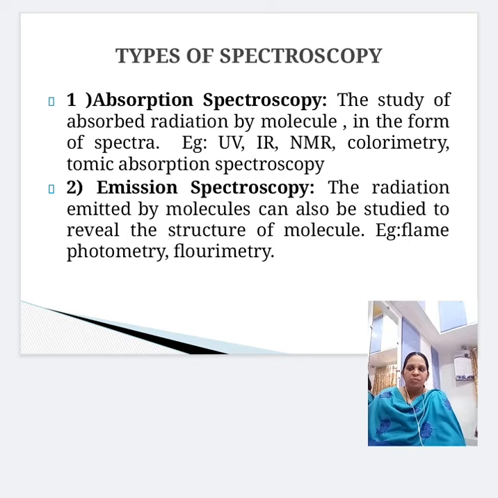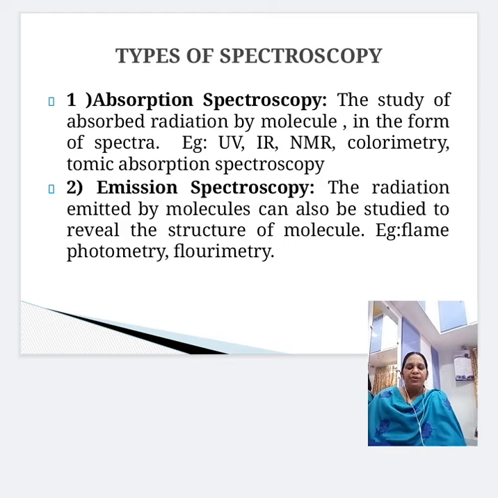Emission spectroscopy. The radiation emitted by the molecules can also be studied to reveal the structure of the molecules. For example, you have an unknown substance. That substance is placed in a flame or an arc. This causes emission of radiation, which is characteristic of each substance.